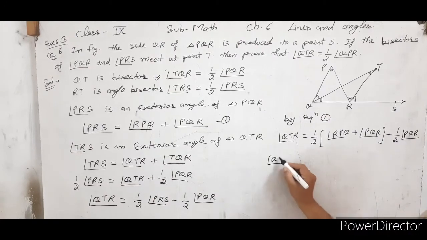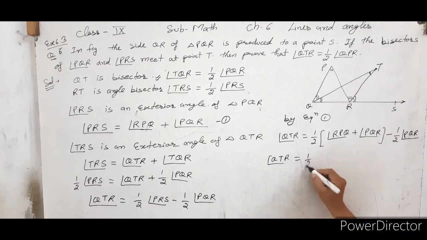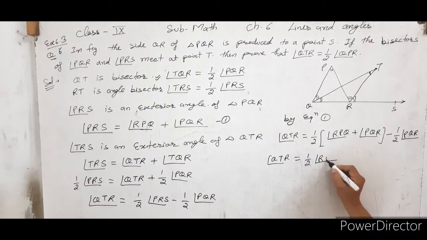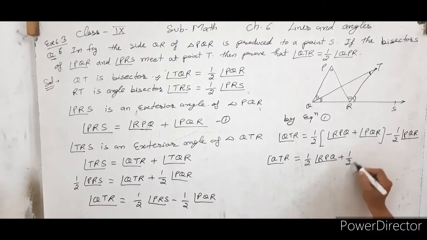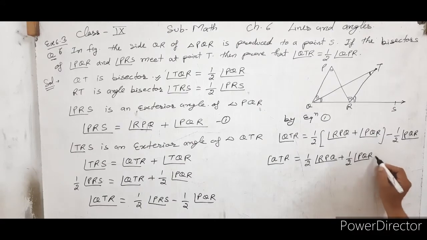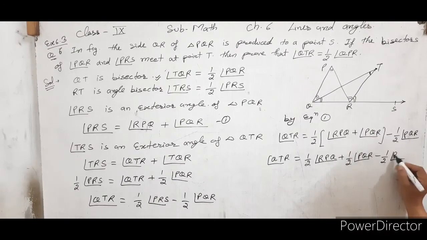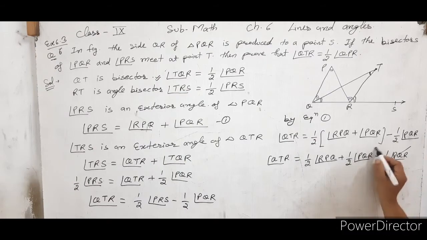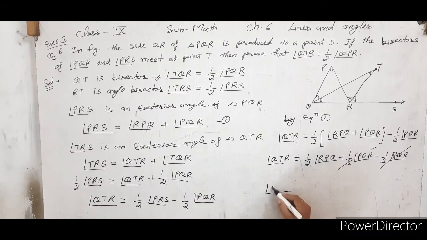Open the bracket: QTR equals half of angle RPQ plus half of angle PQR minus half of angle PQR. Half of angle PQR and half of angle PQR cancel. The remaining part is angle QTR equals half of angle RPQ, which we had to prove in this part.